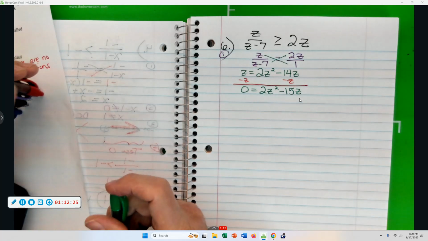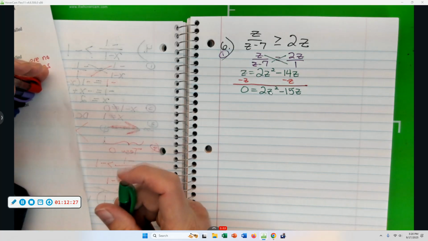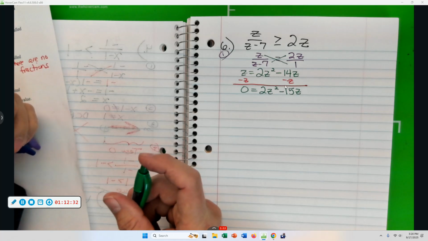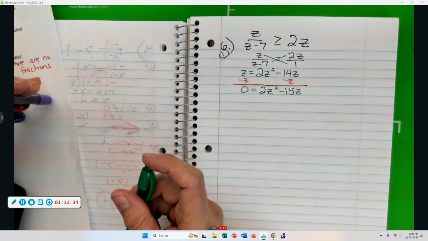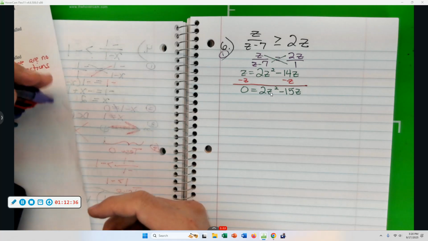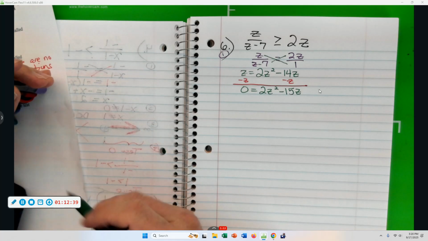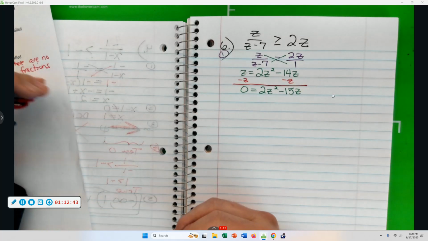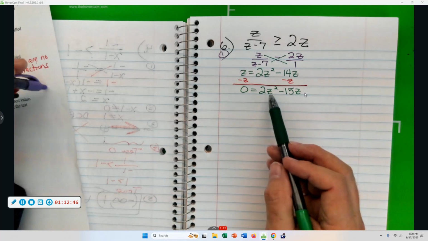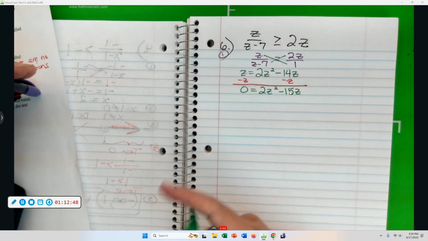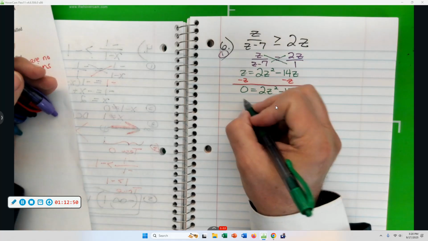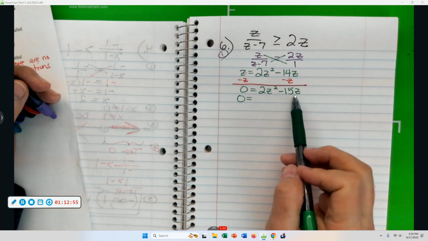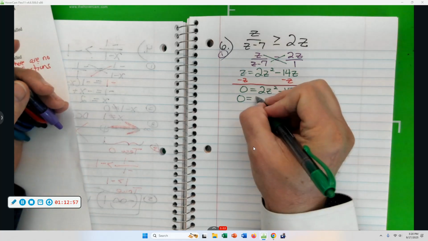Perfect. And this is not a trinomial. You're not going to factor it by trial and error. Instead of reversing the FOIL method, we're going to reverse the distributive property. You don't have that constant. This is the first time we've run into this. What's common to both terms? They both have a z, so we're going to factor out a z.